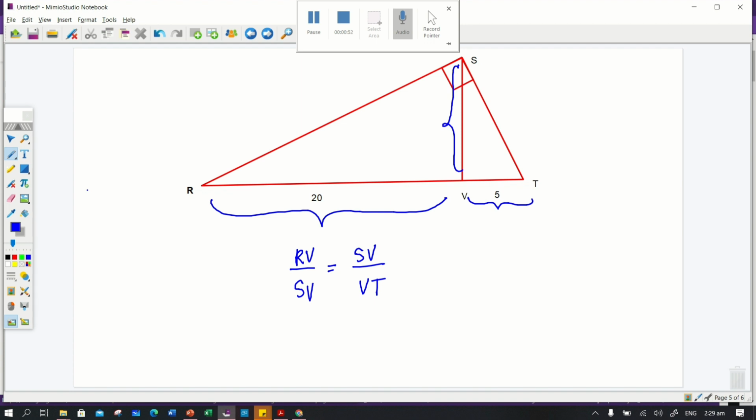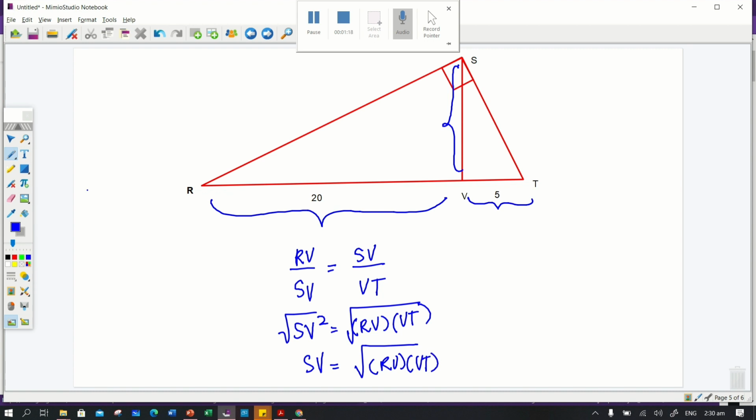So you just apply cross product, that is SV squared is equal to the product of RV multiplied by VT. Then we apply extracting square root. We have SV is equal to the square root of RV multiplied by VT. Then we substitute.